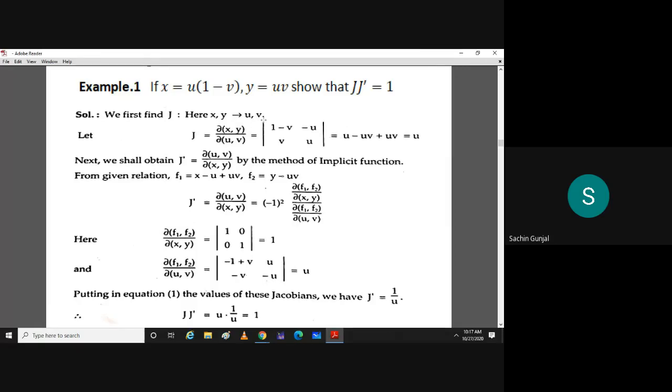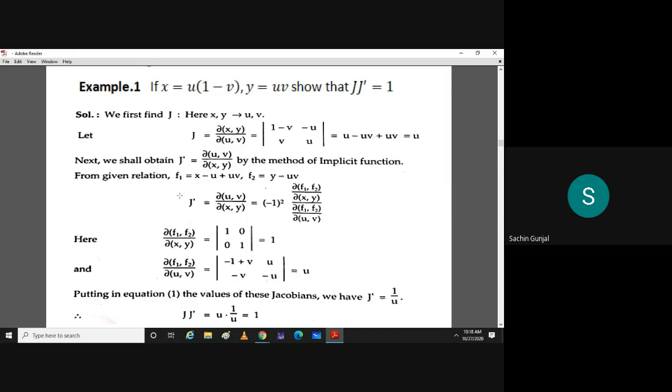Now to calculate j dash, that is Jacobian of uv with respect to xy, you have two choices. Either you express u in terms of xy, if possible, and v in terms of xy, or you use the method of implicit function, considering x minus u plus uv as the first function and y minus uv as the second function.